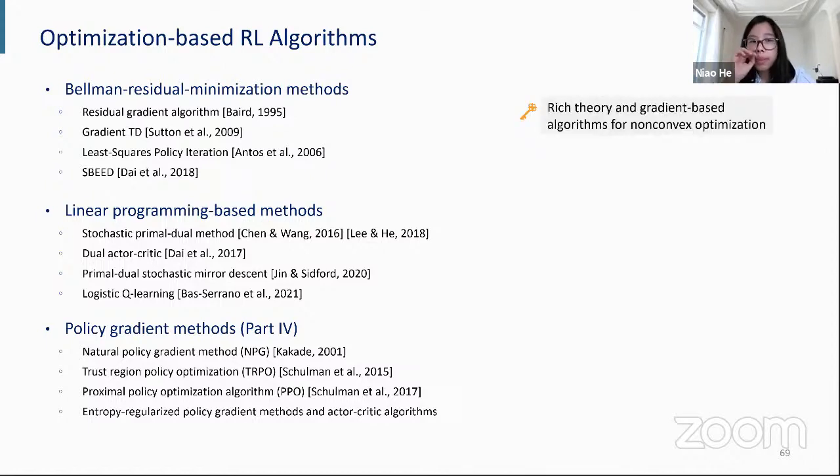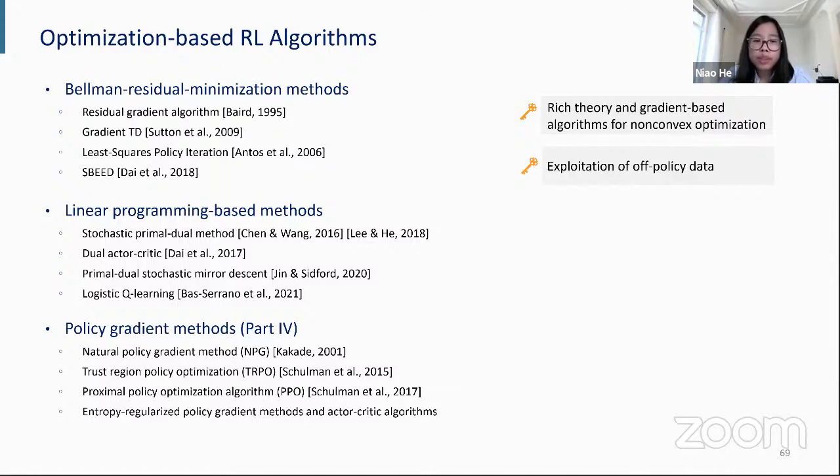I would say there are many advantages of considering this type of optimization-based RL algorithm. First of all, like control theory, we have a very rich literature and theory of gradient-based methods for optimization, both convex and non-convex, which many of you are probably more familiar with.